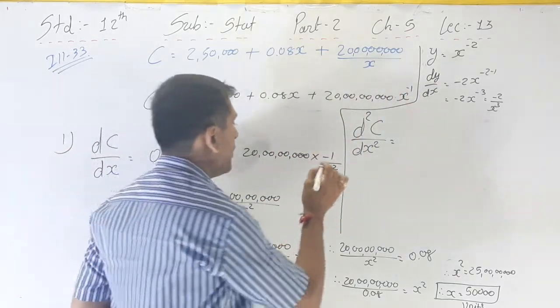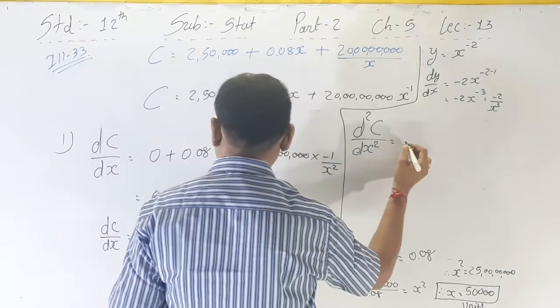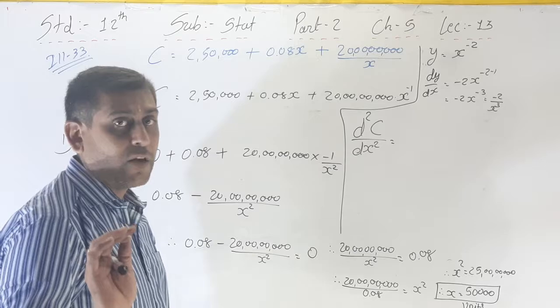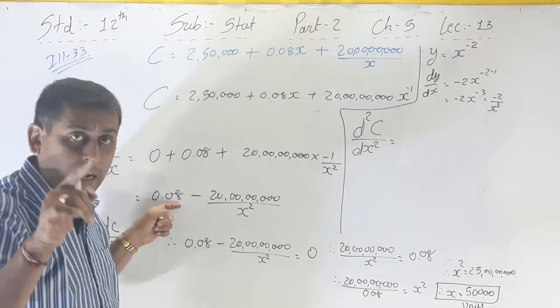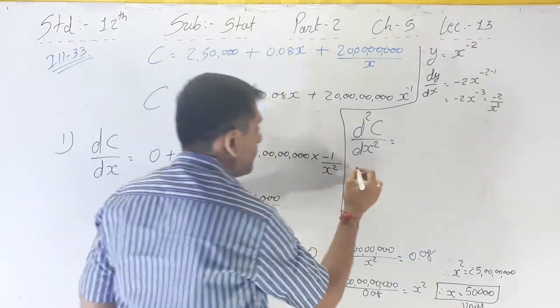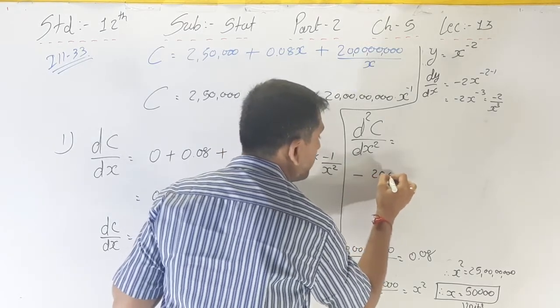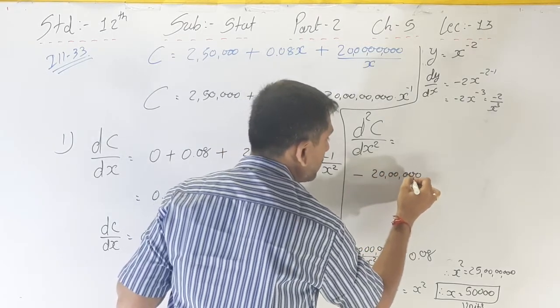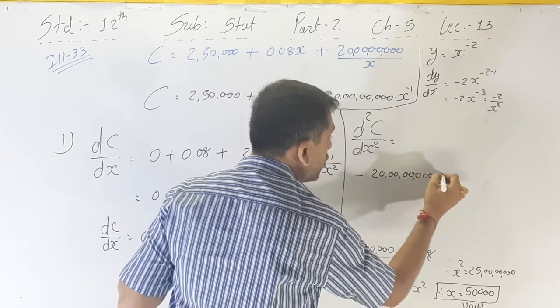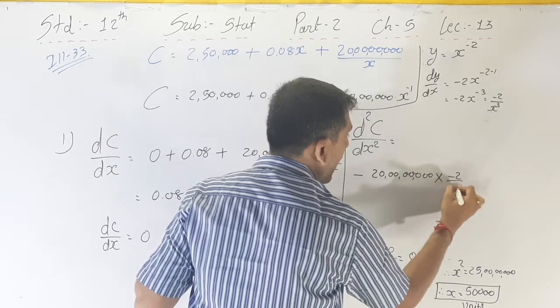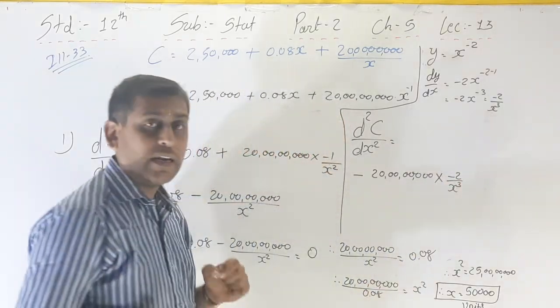So what is the differentiation of this? See, 0.08. What is the differentiation of 0.08? That is 0, then minus. So here I am writing minus 20 crore into minus 2 by x cube.